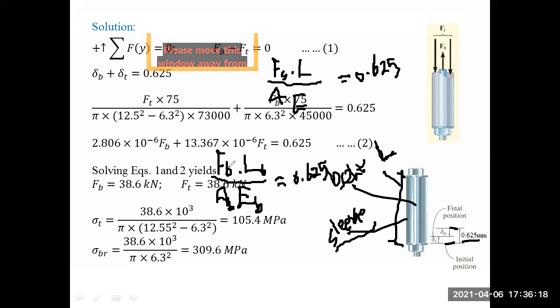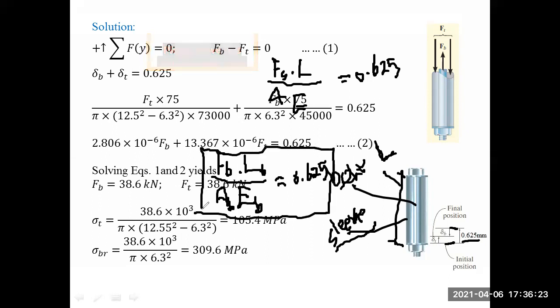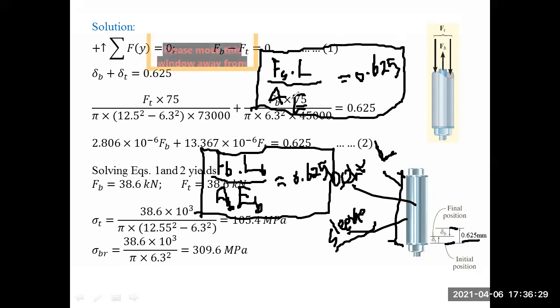So in the first case the sleeve is not willing to contract, and in this case the bolt is not willing to elongate, okay? So the compatibility equation would be this for these two cases.